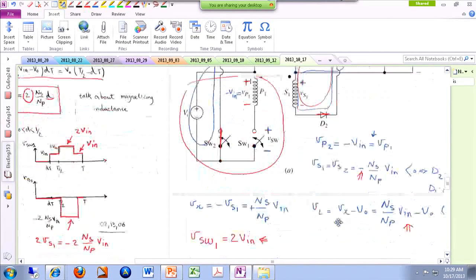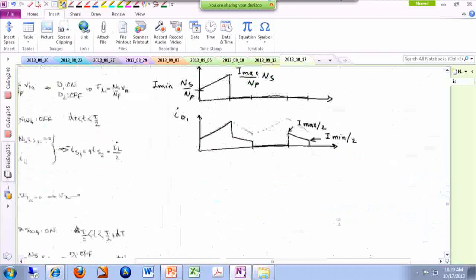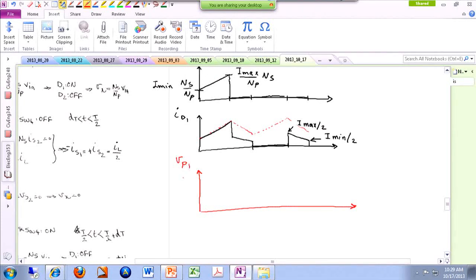Let's plot VP1. In the first mode, the switch was on, and VP1 and VN were the same. In the second mode, on the secondary side, both of the diodes were on, so V secondary 1 and V secondary 2 were both 0, and therefore V primary 1 and V primary 2 are both 0.